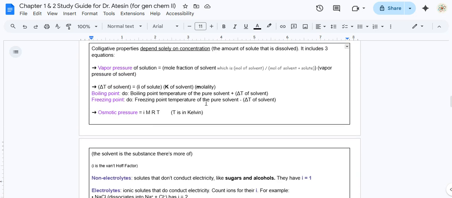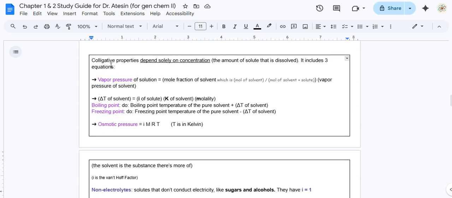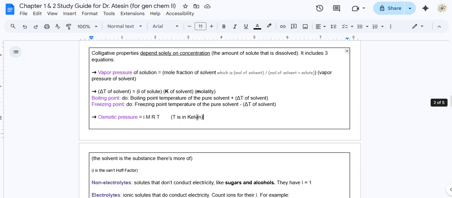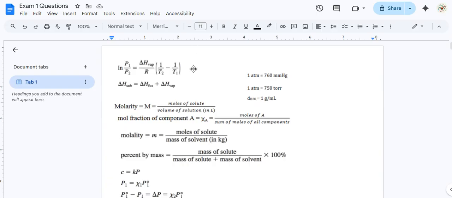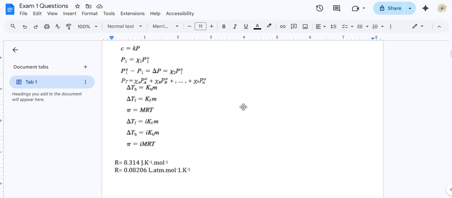And before the exam starts, on your scratch sheet of paper, I will write these three equations here, because they're harder to memorize. Wait, actually just these two equations, because this is going to be on your equation sheet here.